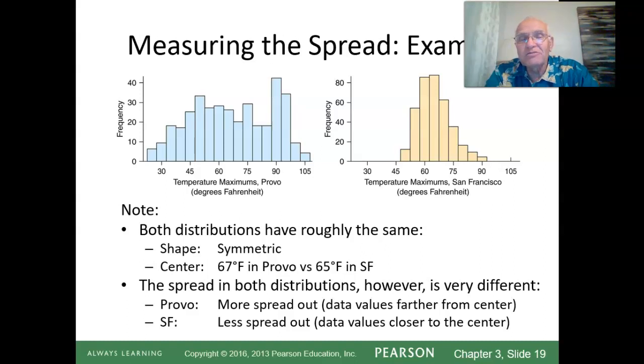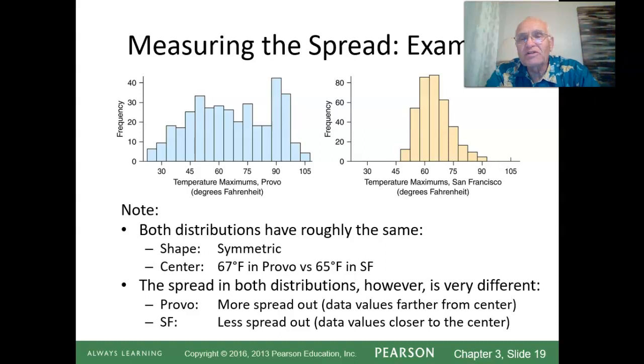I should mention that what we're showing here is the high temperature for the day at each day of the year, shown for both locations. So the data is just more spread out in Provo and less spread out in San Francisco.